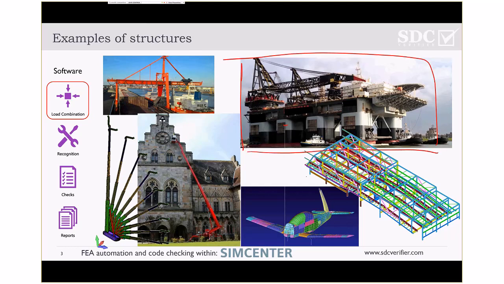So here you can see an offshore structure which was completely modeled and calculated within SDC Verifier. We have lattice structures, big complicated structures where you need to do a lot of checks and a lot of load cases, like aeroplanes, moving parts which can all be implemented together like this equipment crane, and large ones where fatigue is a big item like cranes.